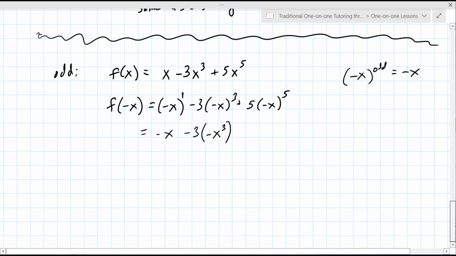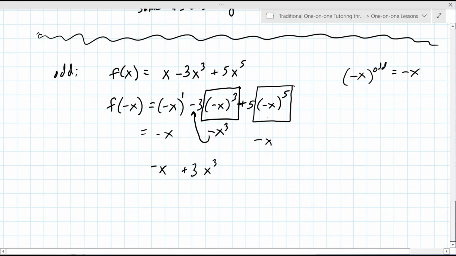But really, what I want you to do is, I actually don't want you to do that. I want you to see that this part that I'm boxing in becomes minus x cubed, and then this minus goes with that one. So you get plus 3x cubed. Right, and then the same thing here. This boxed in part becomes minus x to the fifth.